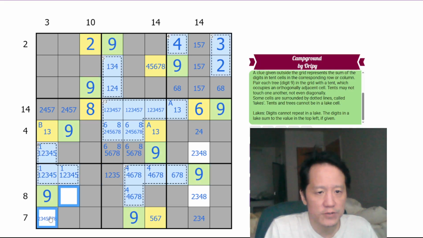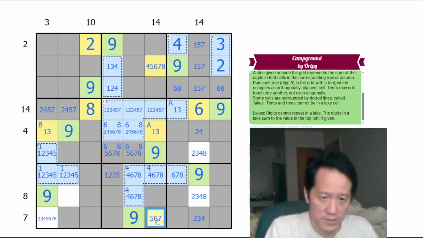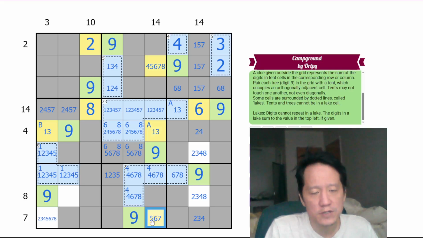A tent is either here or here. If a tent is here, this is 8, which makes that an 8. And therefore, this would be a 7. You could have 1, 6, 7, or 3, 4, 7.